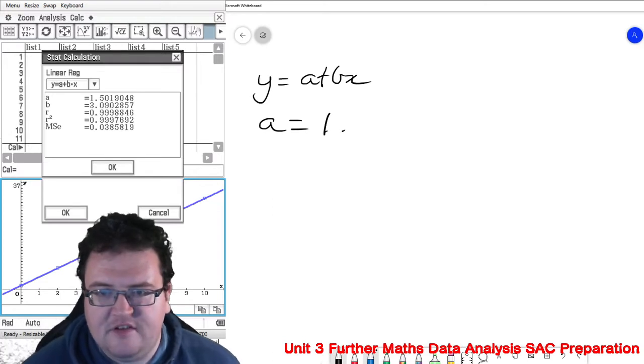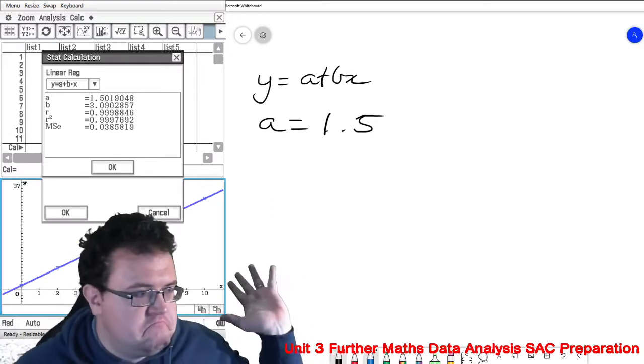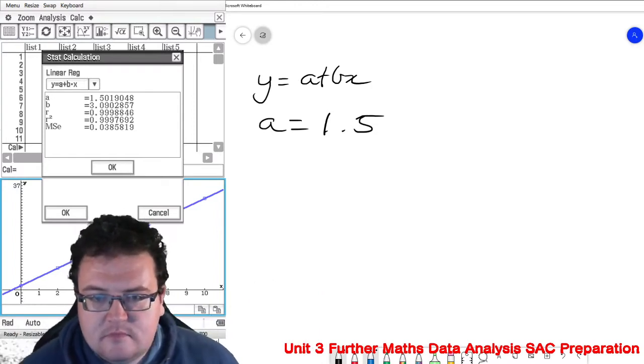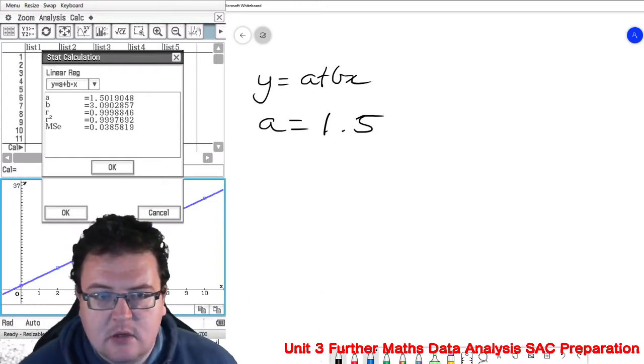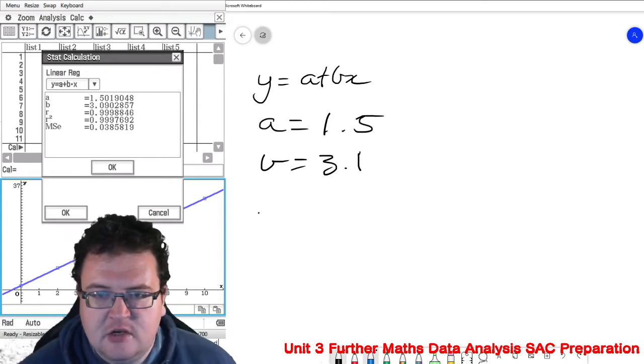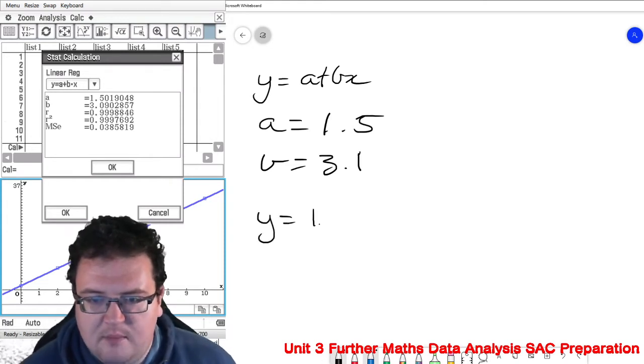Well, 2 significant figures is 1.5. And B is 3.09, so 2 significant figures is just going to be 3.1. So our equation is going to be y equals 1.5 plus 3.1x.